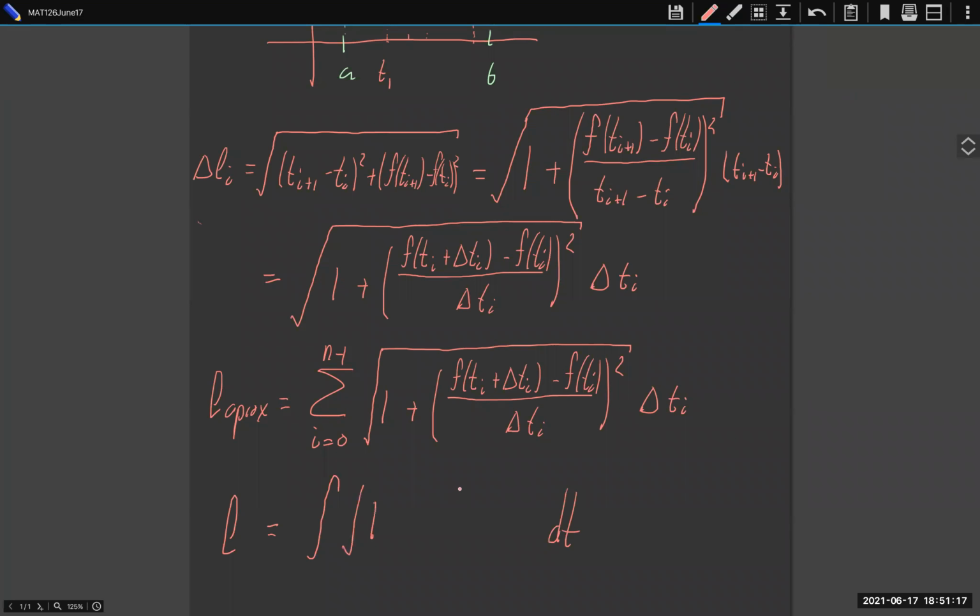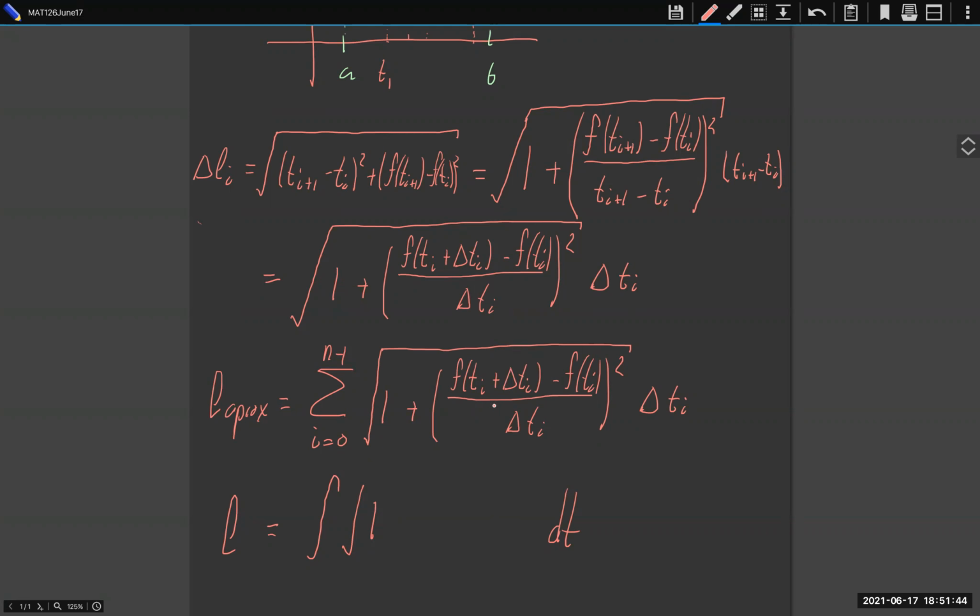Zero. Not exactly. This expression right here should remind you of something. Is it going to be a trig function?